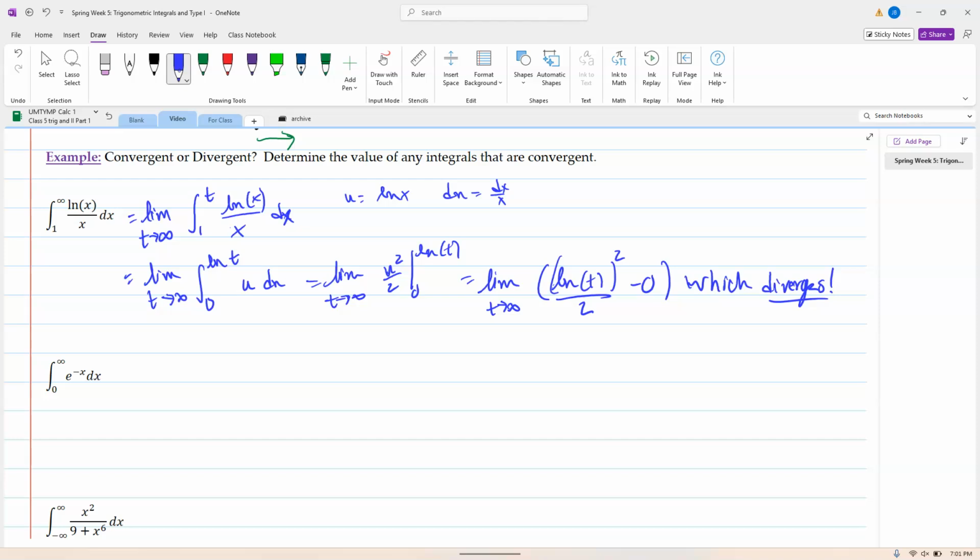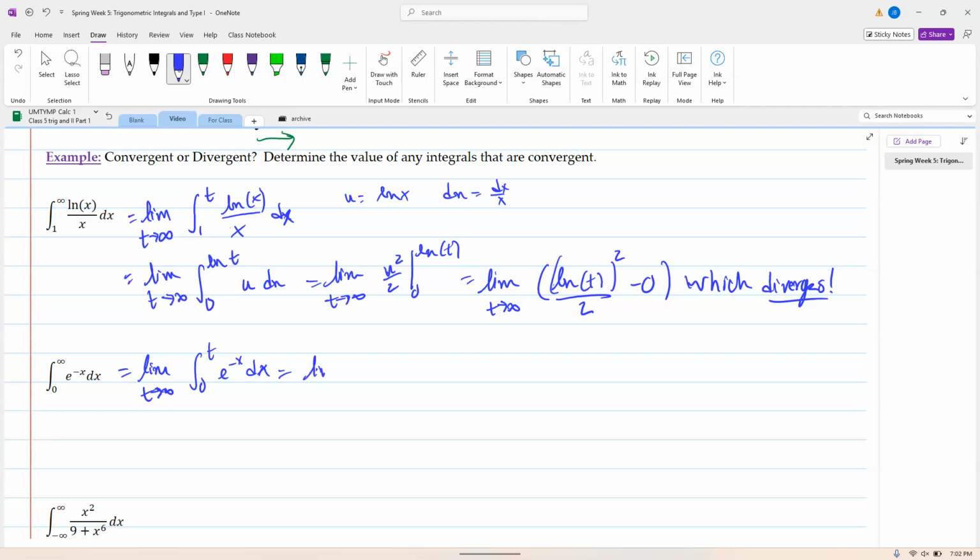Okay. Next one. If this one doesn't converge, we probably have done something wrong in our lives. That's an exponential function, right? It's exponential decay. Oh, but we are going from 0 to infinity. So it should converge, logically speaking, because it decays super fast. So if we do the limit as t approaches infinity of the integral from 0 to t of e to the negative x dx, integrate that thing.